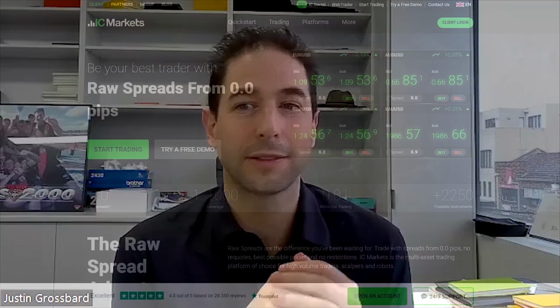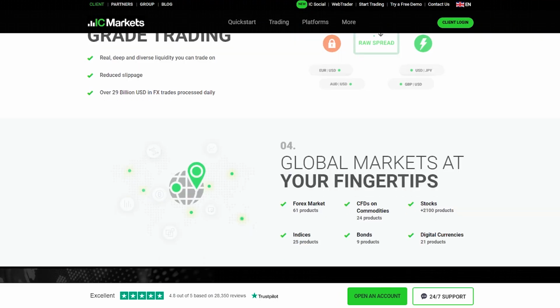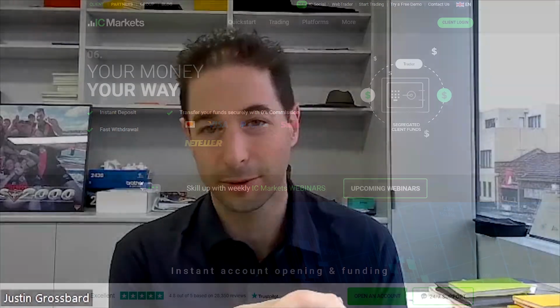Fantastic. So, do you view IC Markets as the clear winner? You've done two tests, it came out the cheapest each time, and it was quite a bit cheaper? Absolutely. So we ran all the six major currency pairs and averaged the spreads over all of those currency pairs.